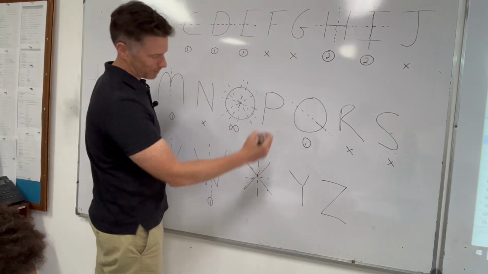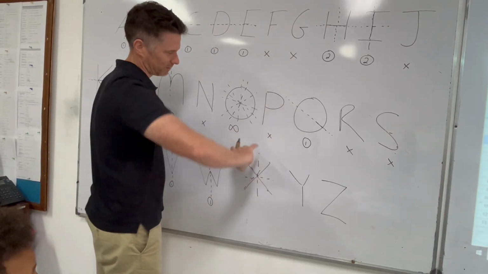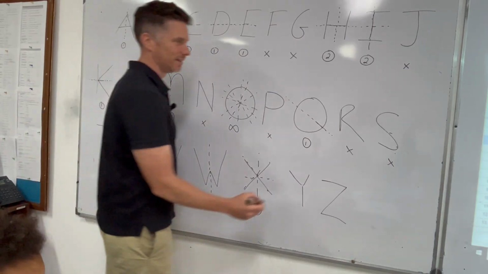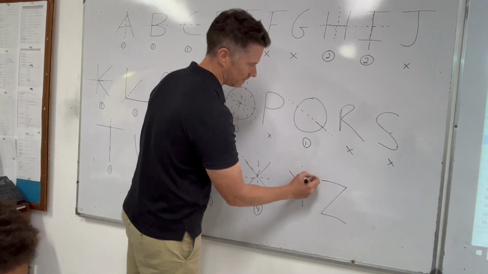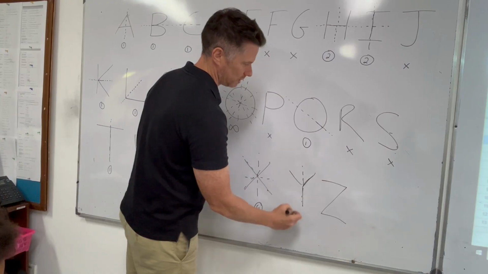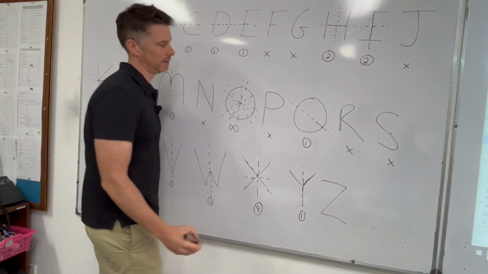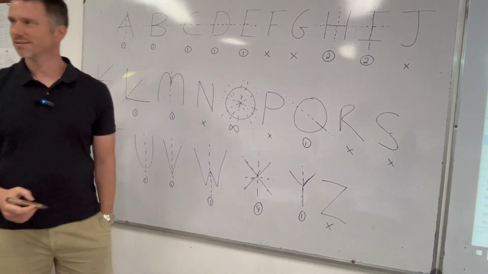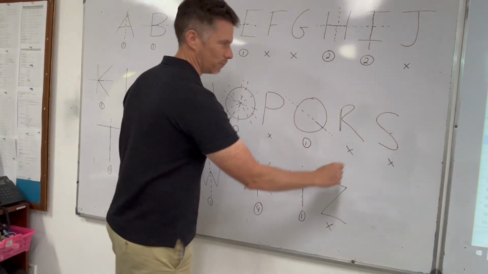So I drew it as best I could, like a plus sign if you keep turning it. All right, 4. Y, yeah, you could have 1. Not like mine, but if you drew this. And Z, none. Exact same thing as S. Where are you going to draw the line? It would fold over itself.